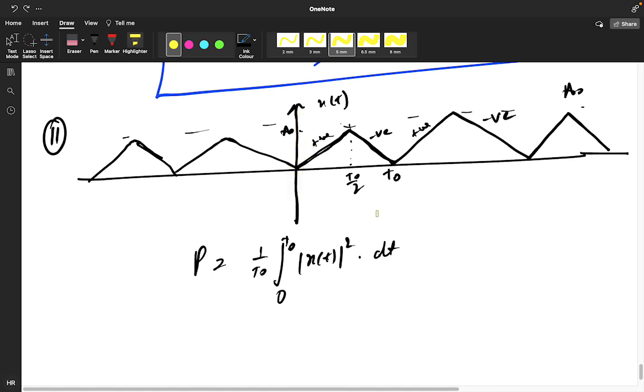I hope you remember the basic concept of even signal. If we have an even signal, we can break the integration from minus t naught by 2 to t naught by 2.